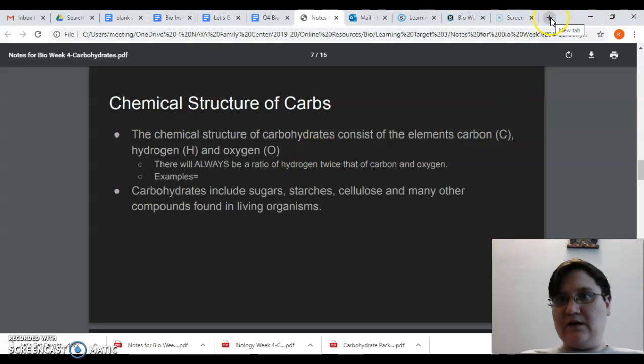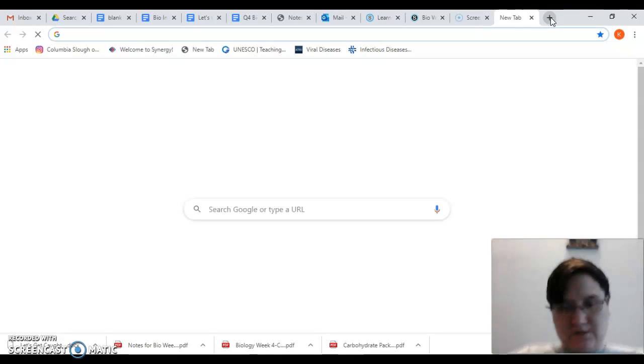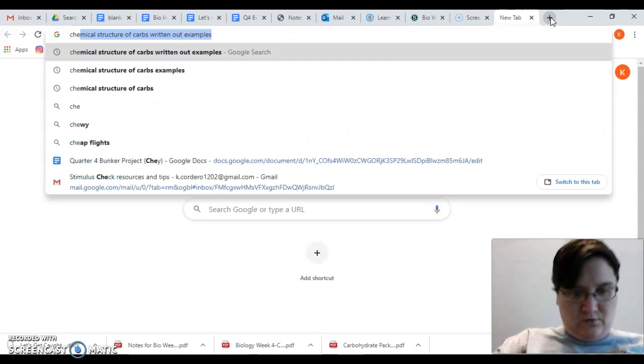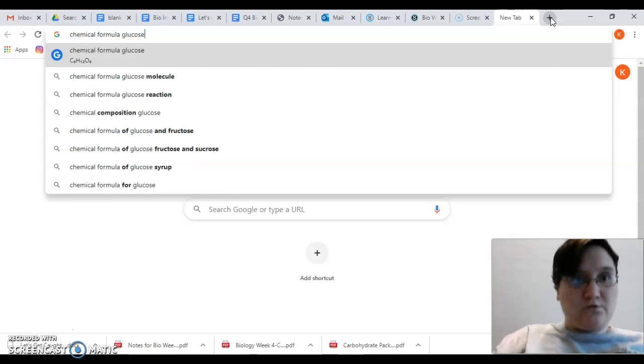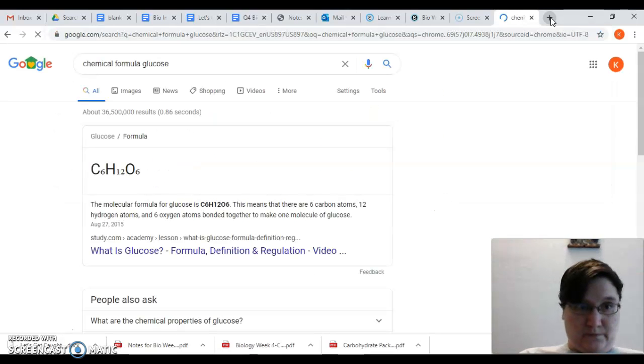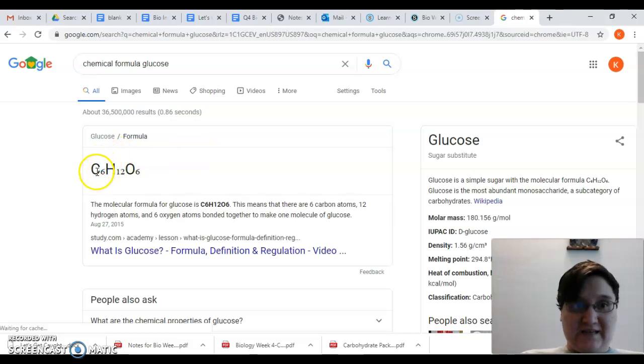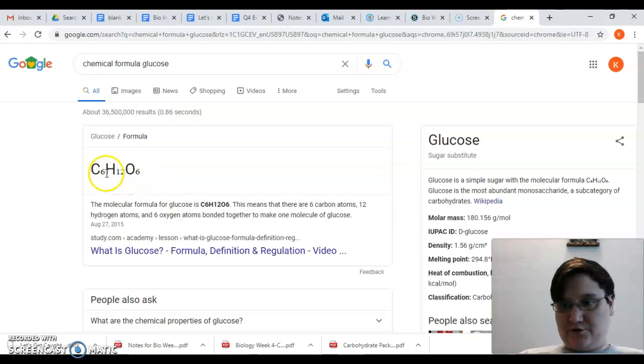So if I open up my Google and search chemical formula glucose, we have C6H12O6. So this means that there are 6 carbons, there are 6 oxygens, and there are 12 hydrogens.